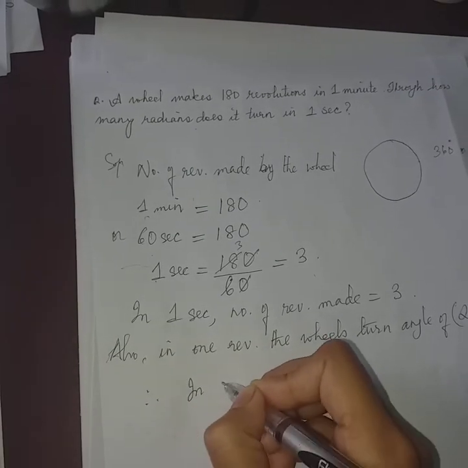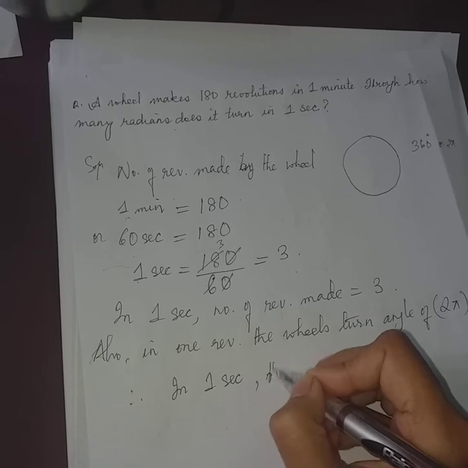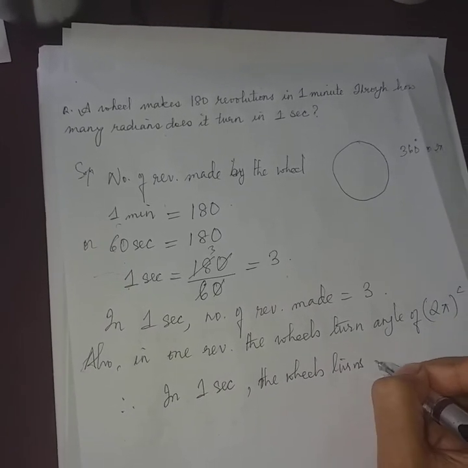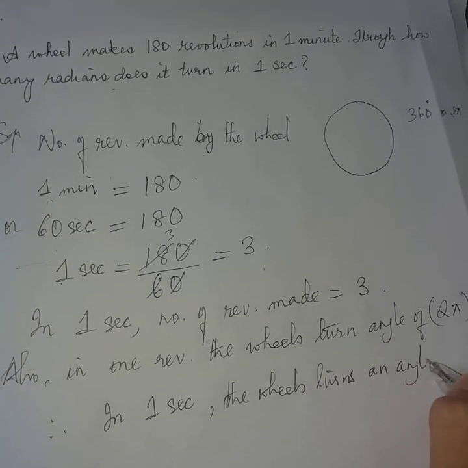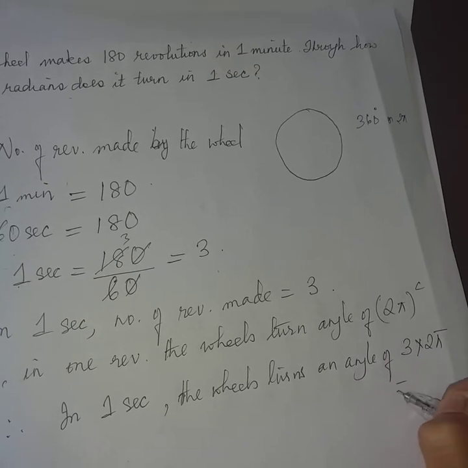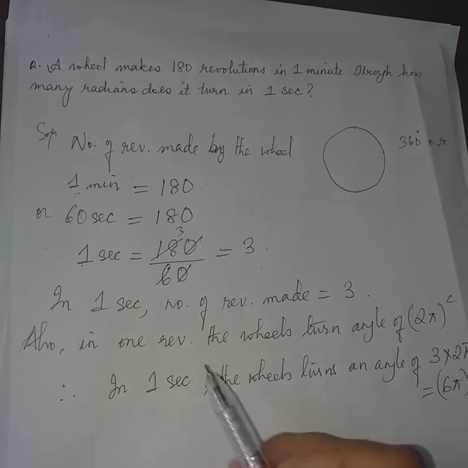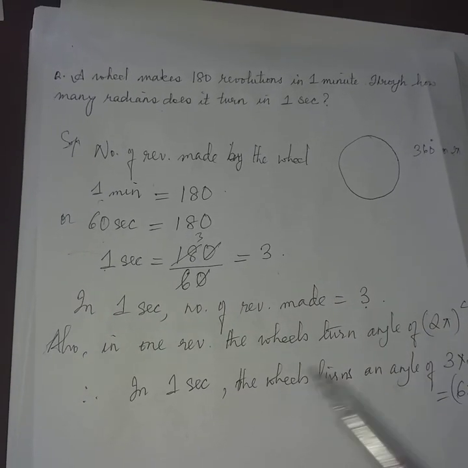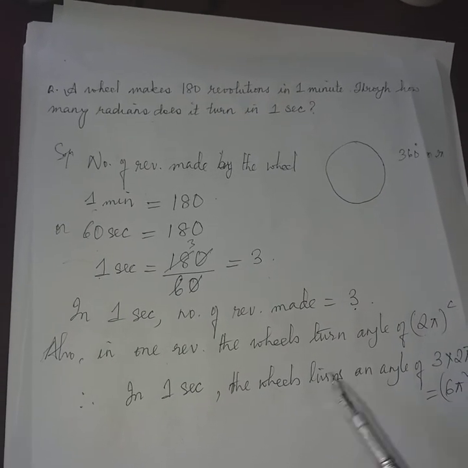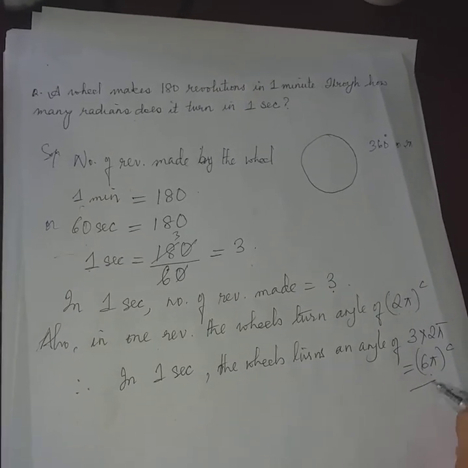Therefore in 1 second the wheel turns an angle of 3 into 2 pi, which is 6 pi radian. So in 1 second the number of revolutions made is 3, and in 1 revolution the angle turned is 2 pi radians, so in 3 revolutions it is 6 pi radians. So this is the answer.